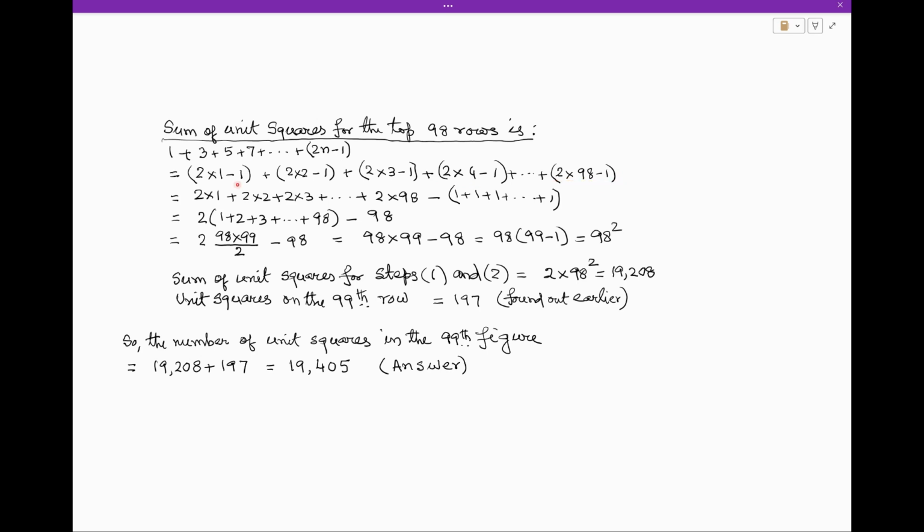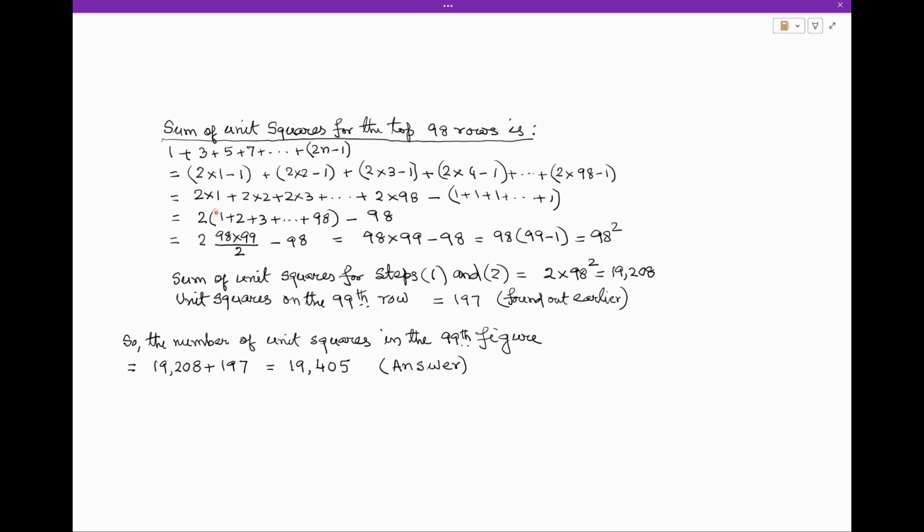Now if you collect the minus 1 terms from each of these factors, then we get minus 98 together because there are 98 terms. And the first terms, that is 2 multiplied by 1, 2 multiplied by 2, 2 multiplied by 3, and so forth, will result in 2 multiplied by 1 plus 2 multiplied by 2 plus 2 multiplied by 3, etc. And finally 2 multiplied by 98.